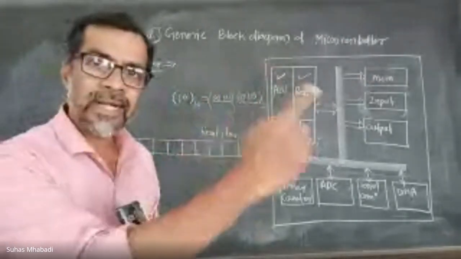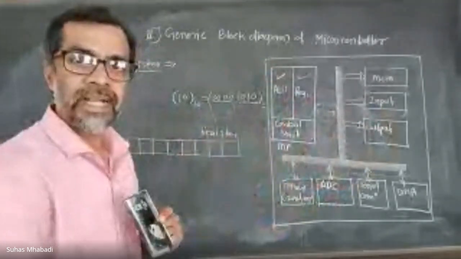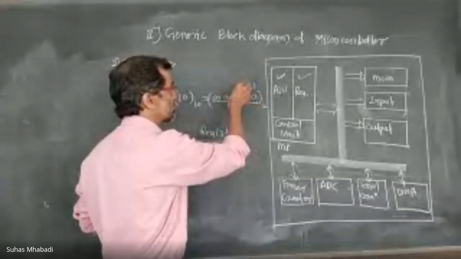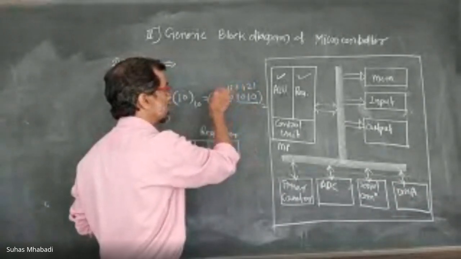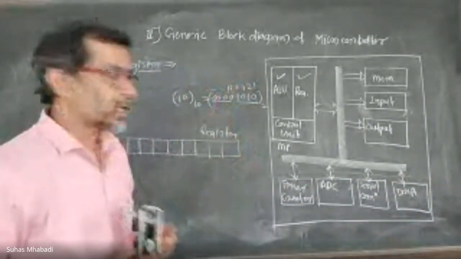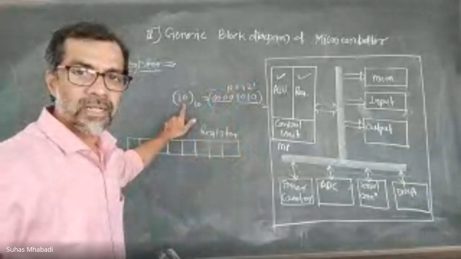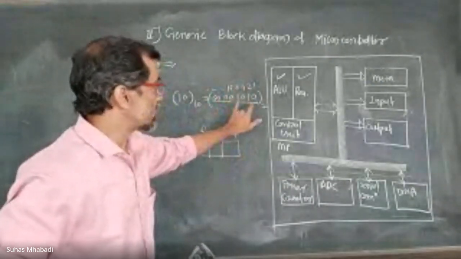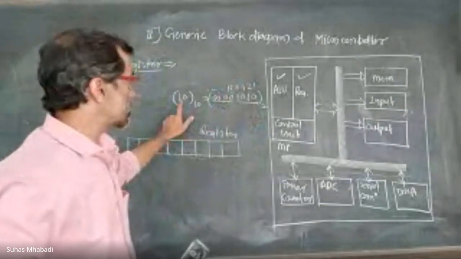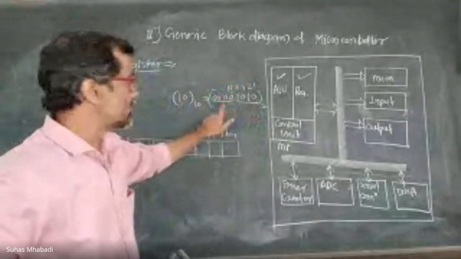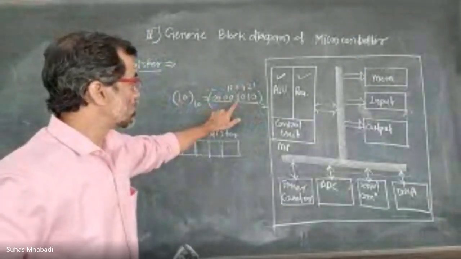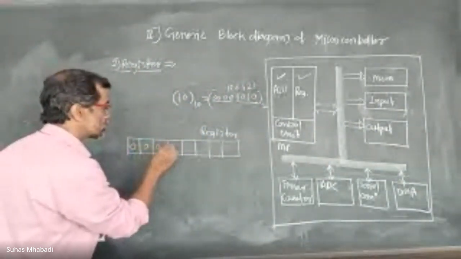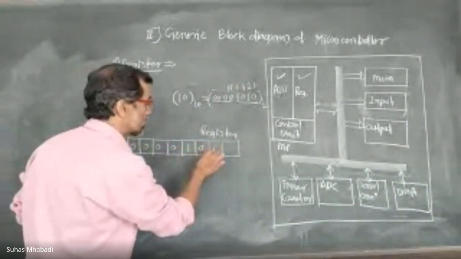Every digit from right to left has a weightage: 1, 2, 4, 8, 16, and so on. So to write 10 as a binary number, 8 plus 2 is 10. So I converted decimal 10 to binary format like 0, 0, 0, 0, 1, 0, 1, 0, and that should be here.